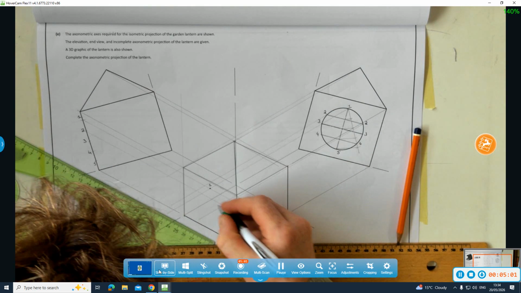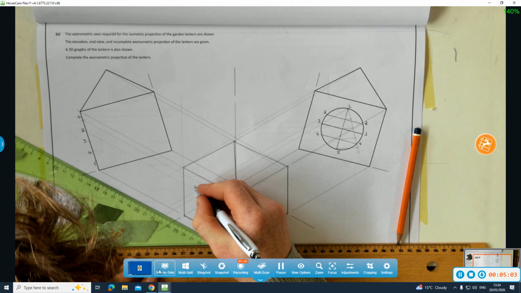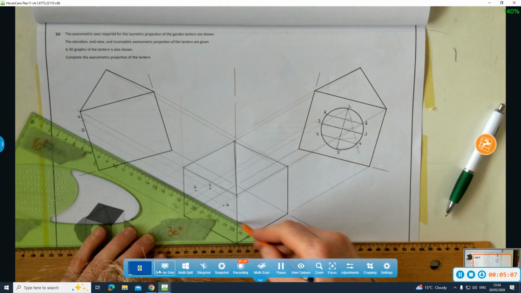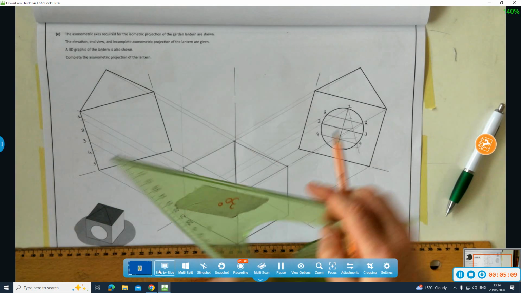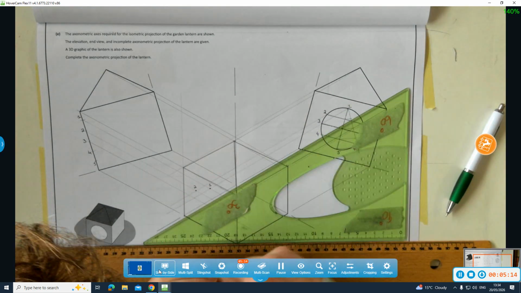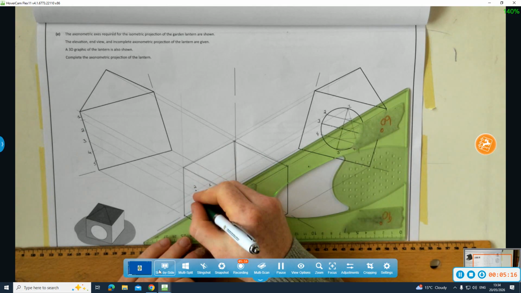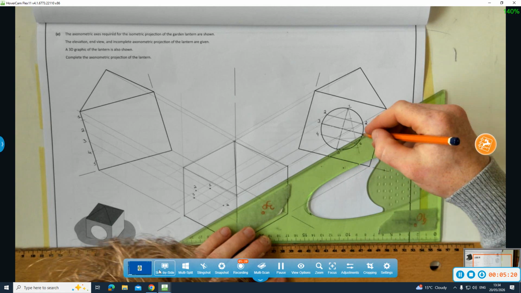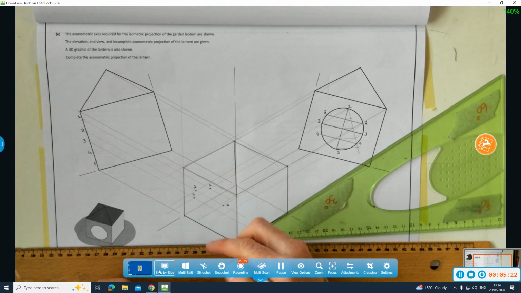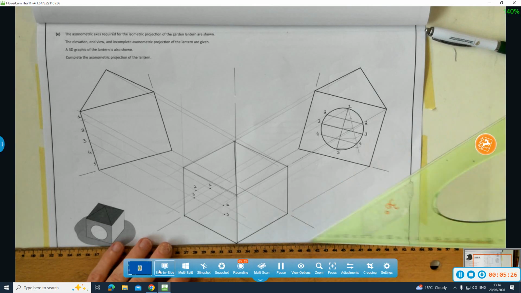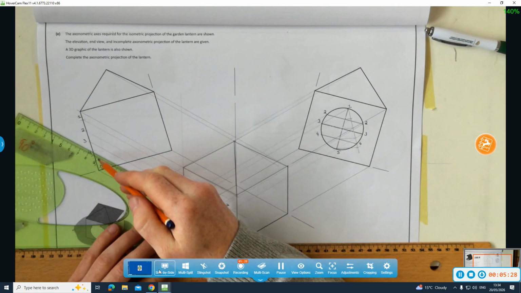So 2 and 2. Number 3 is the same. Same with 4.